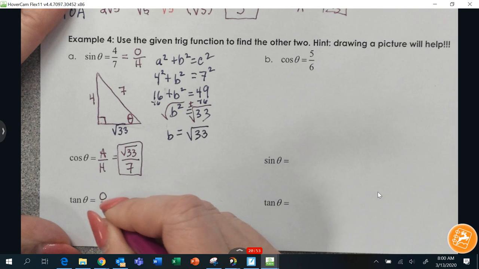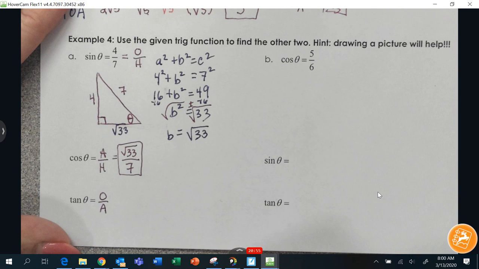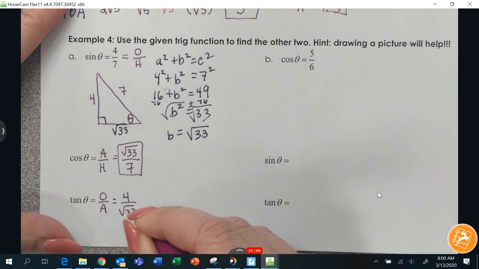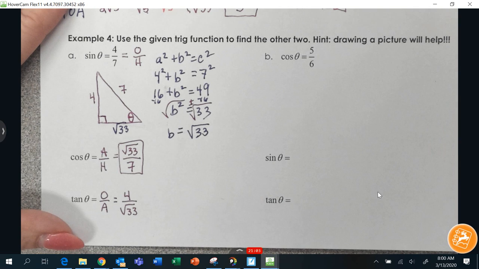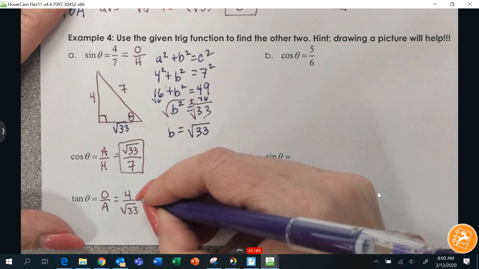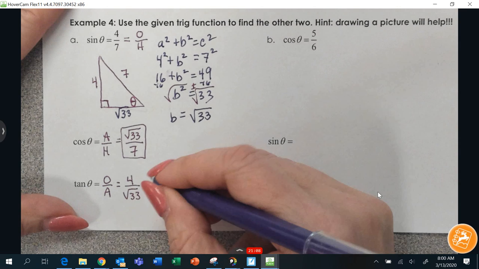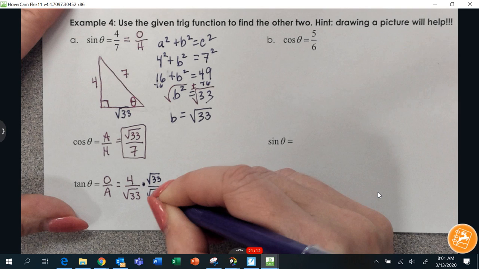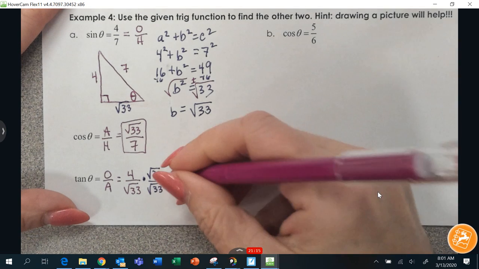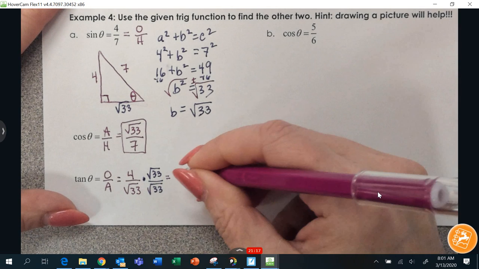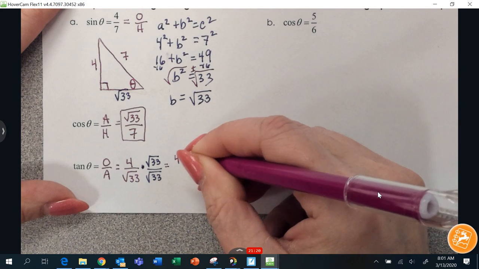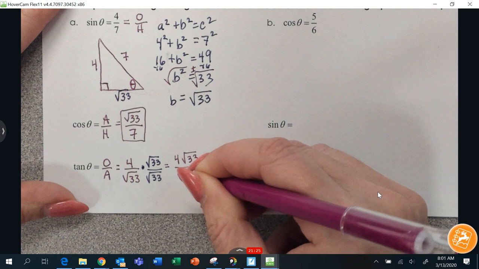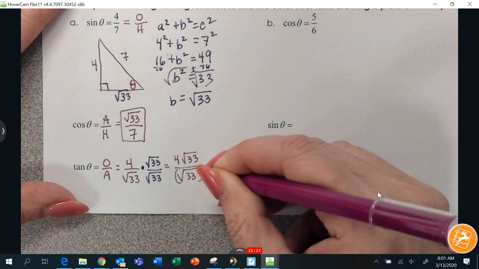Tangent is TOA. My opposite is 4. My adjacent is square root 33. Of course, I cannot leave a square root in the denominator. So we're going to multiply the top and the bottom by square root 33. Multiply straight across and I get square root 33 on top, and on the bottom, we get square root 33 squared.